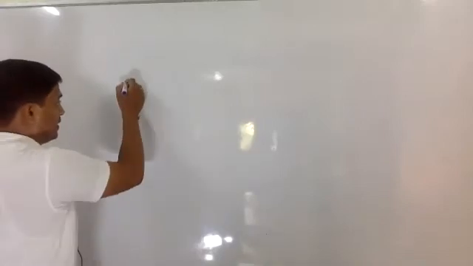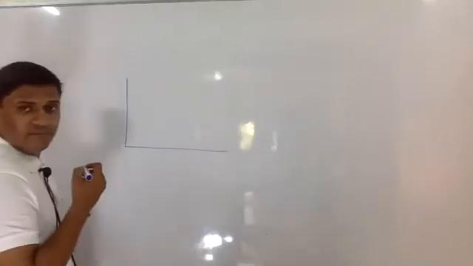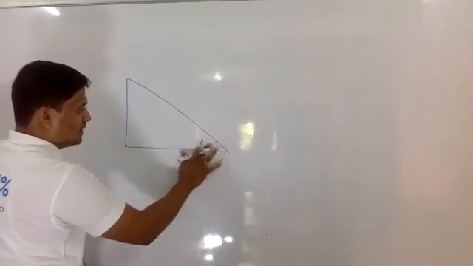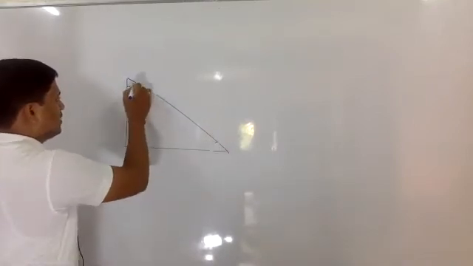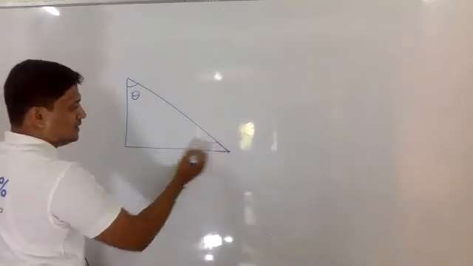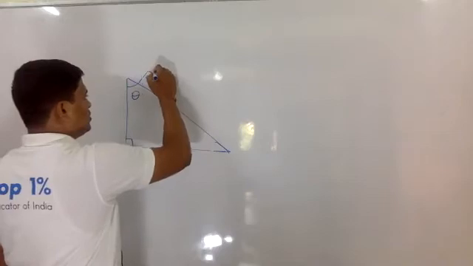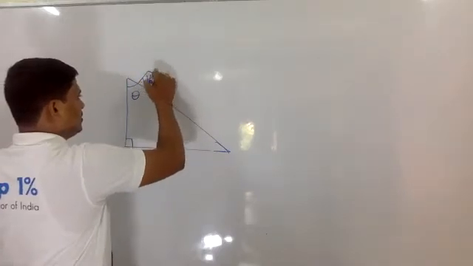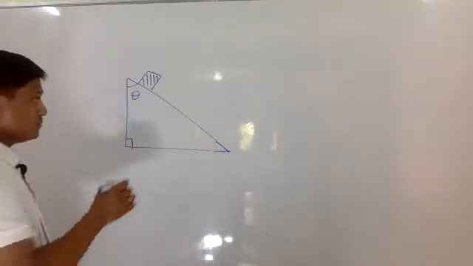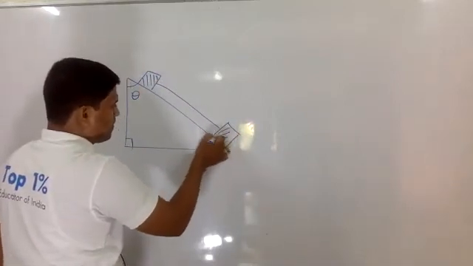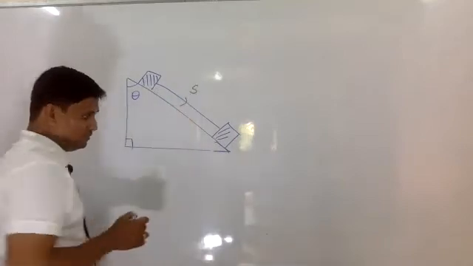Let there be an inclination, and let this angle be theta. Anything you can take. If this is theta, this is 90 degrees. Let a body be at this position, and the body gets displaced from this position to this position. This is the displacement.